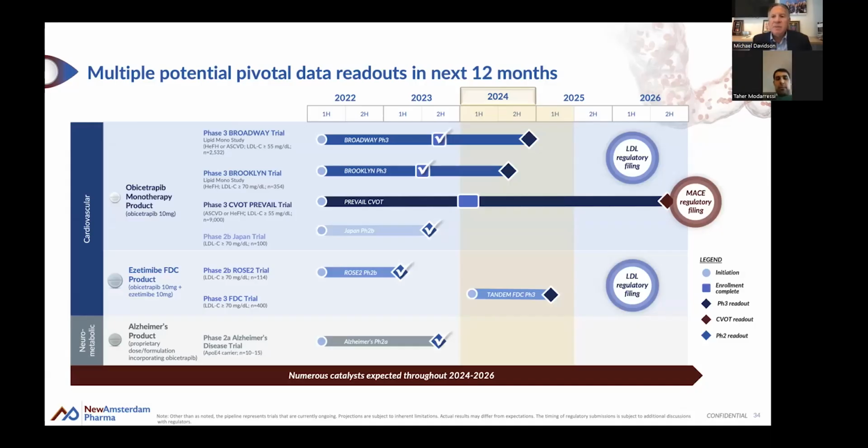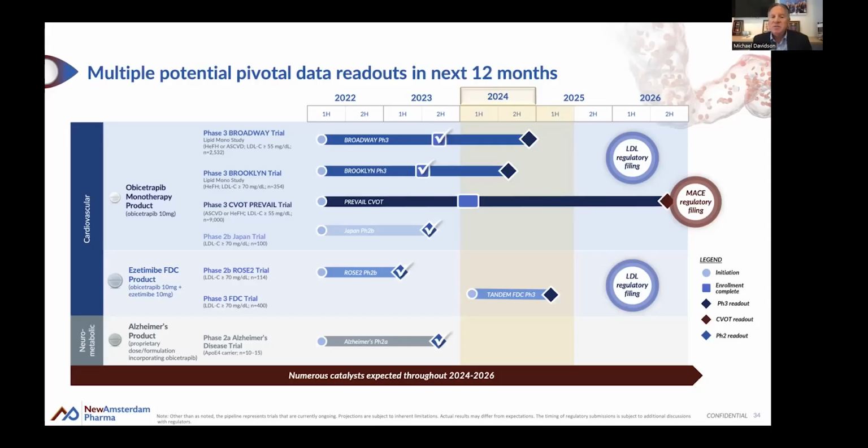Then the Broadway trial is those with atherosclerotic cardiovascular disease, and that will read out at the end of 2024. Those are our two pivotal LDL trials. Broadway is 2,500 patients with 2-to-1 randomization. Brooklyn is also 2-to-1 randomization, with FH.